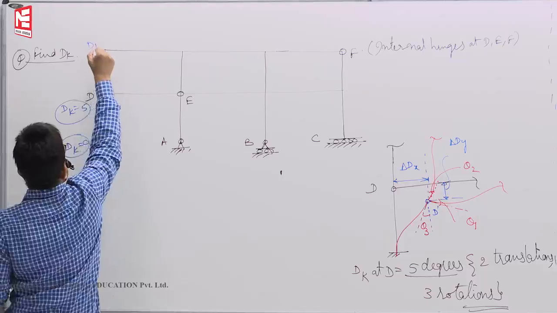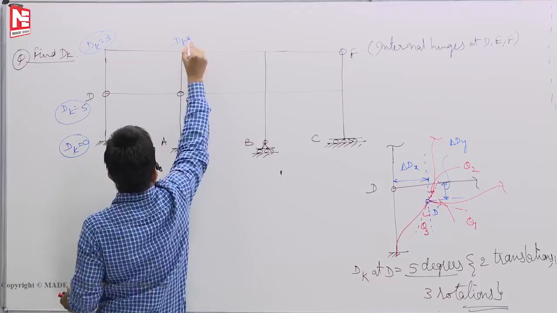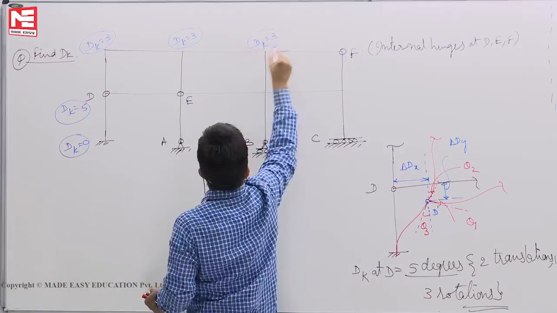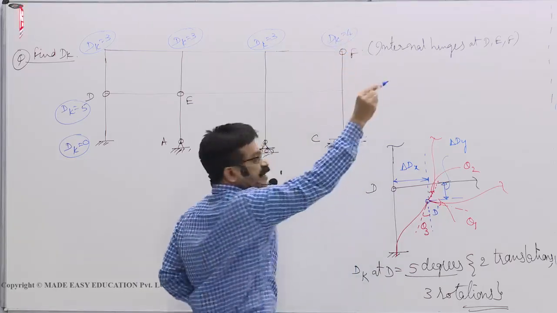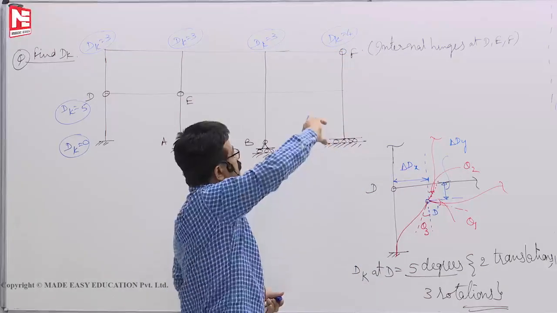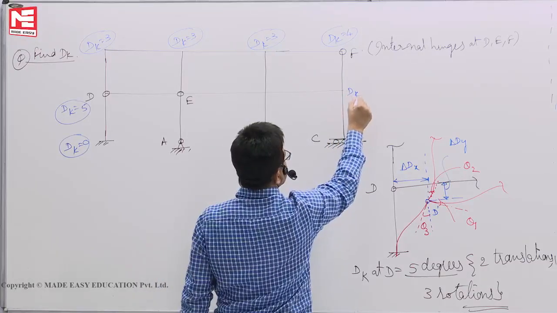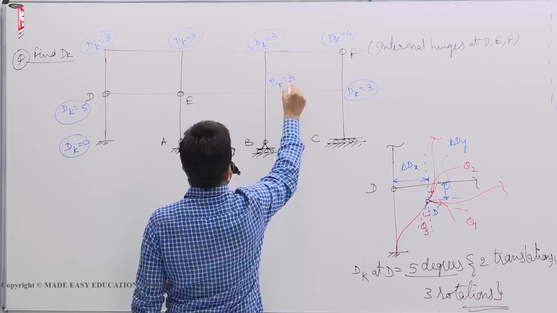Here dk is 3. Here dk is 3. Dk is 3. Here dk is 4: delta fx, delta fy, theta 1, theta 2 for two members. Here dk is 3. Here dk is again 3.